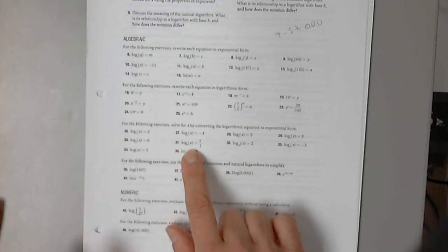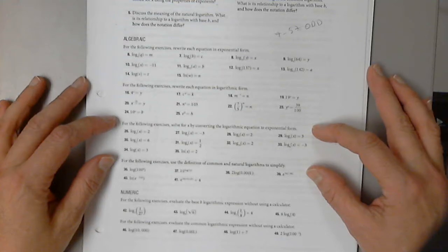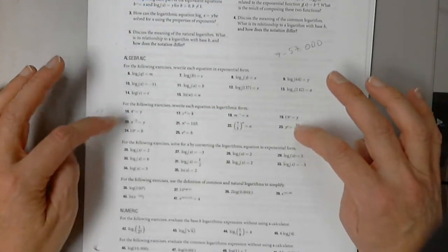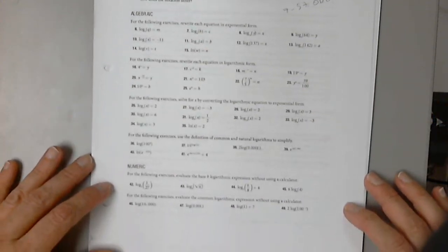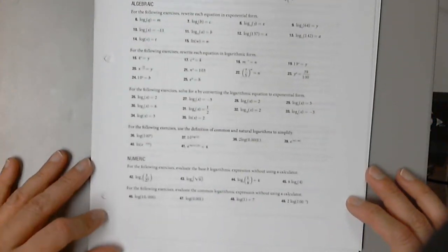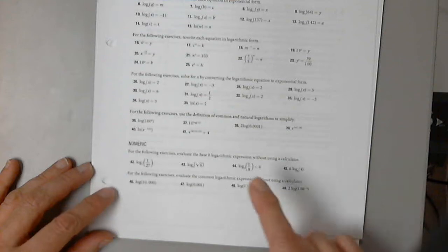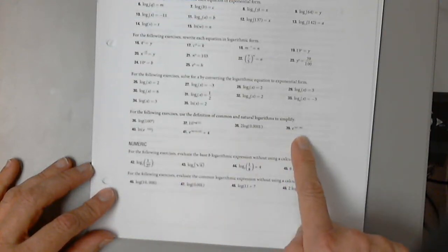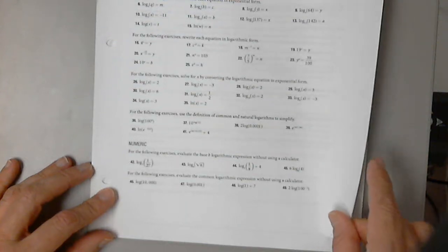This was the one that we stopped at. I think we should look at another exponential, another changing of these into log form, and simplify something from here, and so on and so forth.